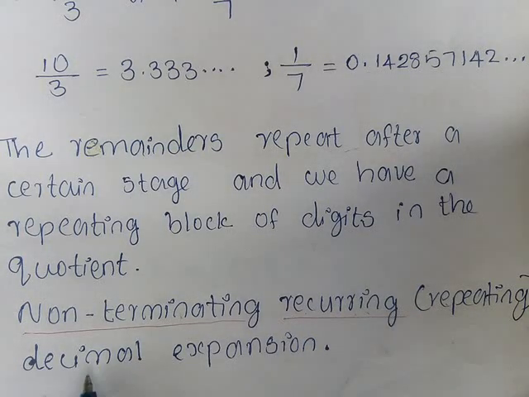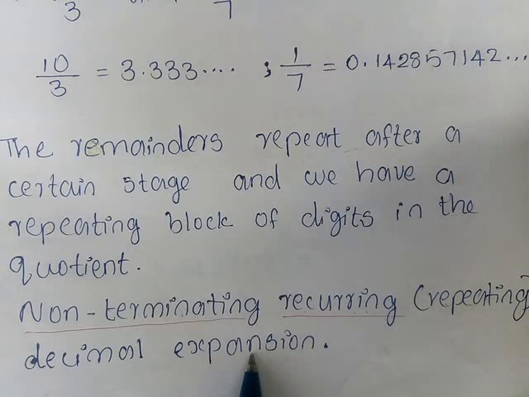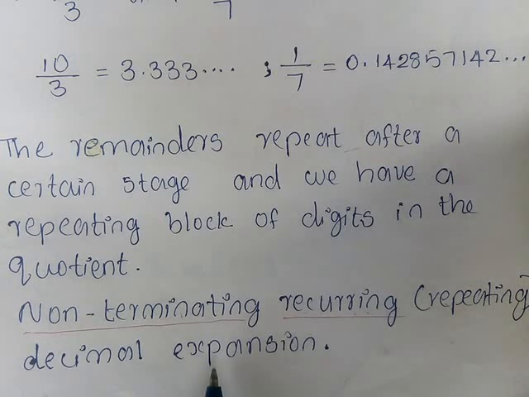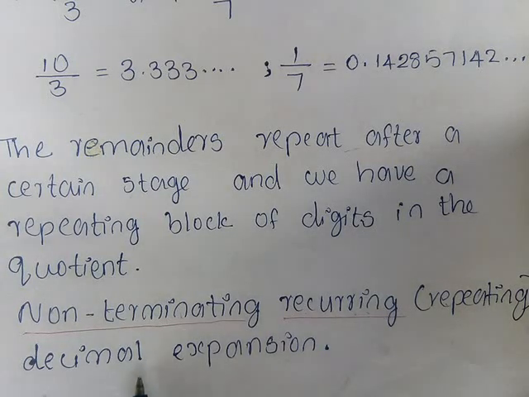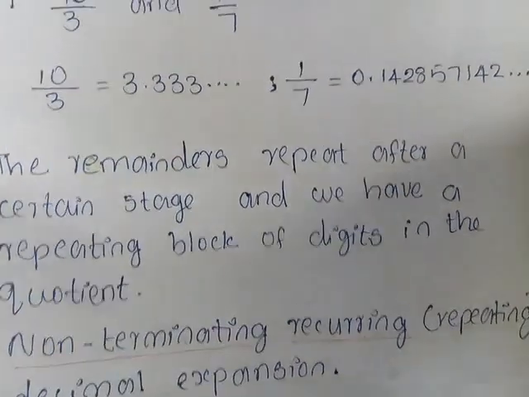Now, the meaning of non-terminating recurring decimal expansion is, in a decimal, a digit or a sequence of digits in the decimal part keeps repeating itself infinitely. Such decimal expansions are called non-terminating recurring decimal expansions.